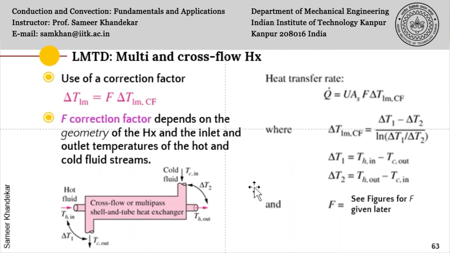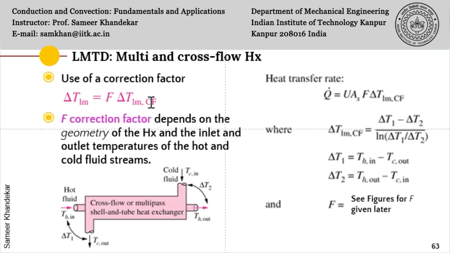So what we usually do is the application of a correction factor. The delta T LM, that is the LMTD, which is applicable for a given geometry and given shape and size of a heat exchanger, is equal to F times the LMTD of a counterflow heat exchanger.